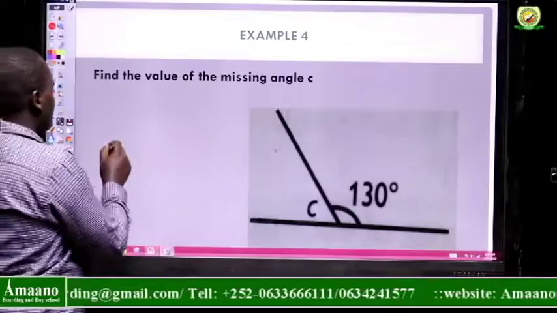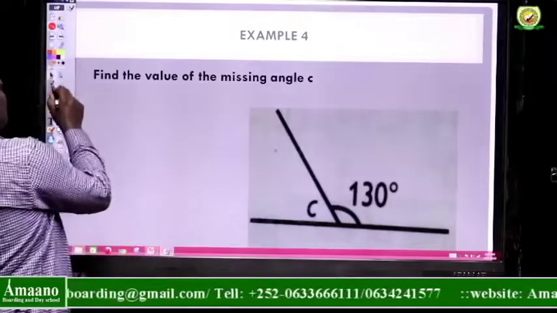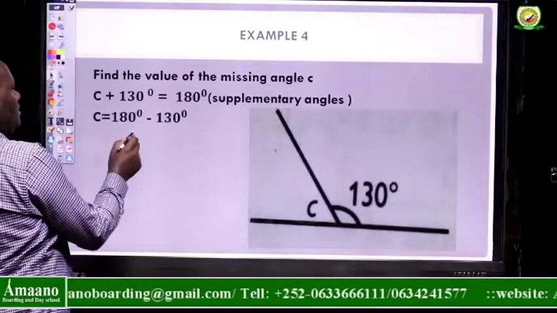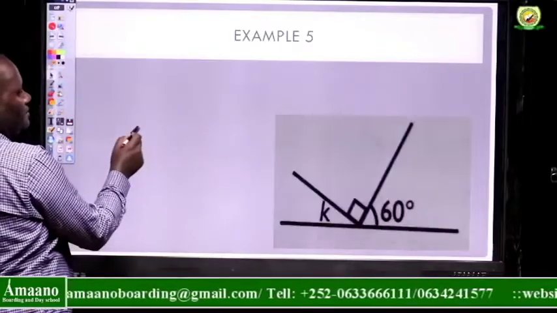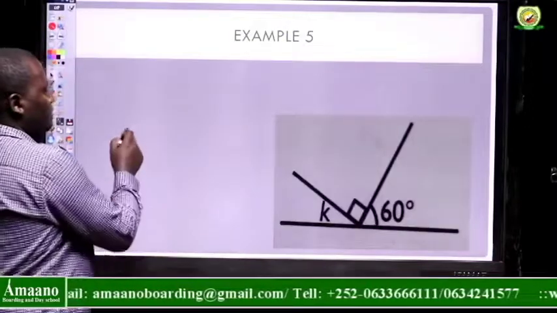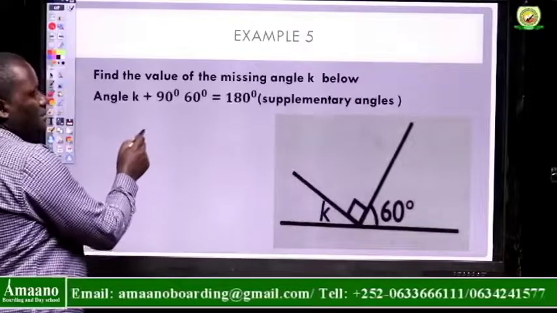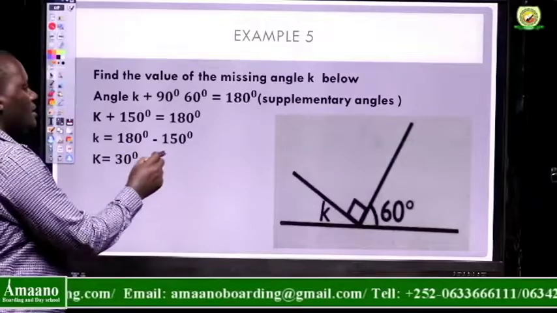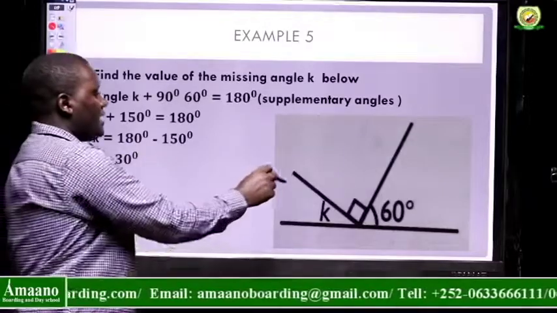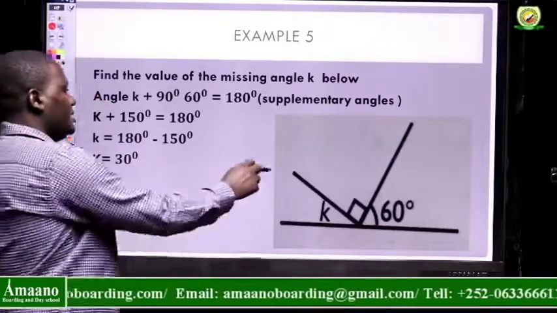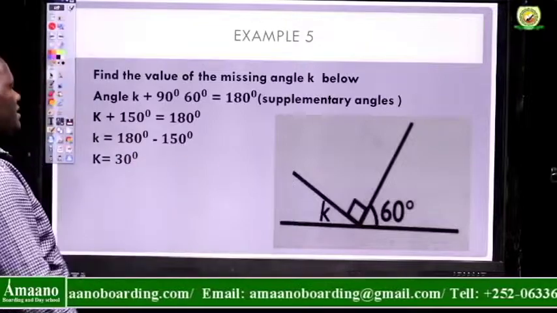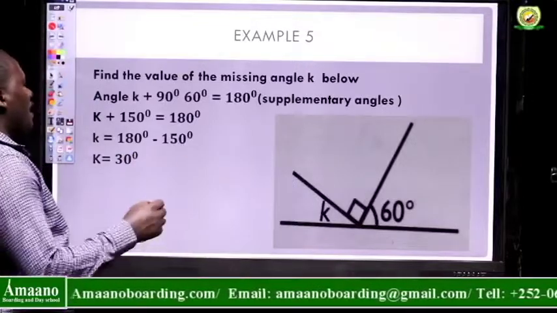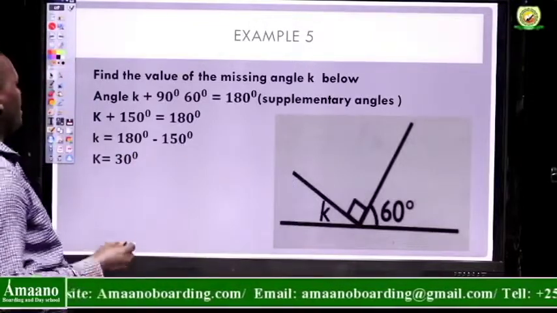The next one is K. We find the value for K. We have K, and that's simple. You see there, it means that's 90 degrees, and we are given 60 degrees there. So how am I going to get angle K?